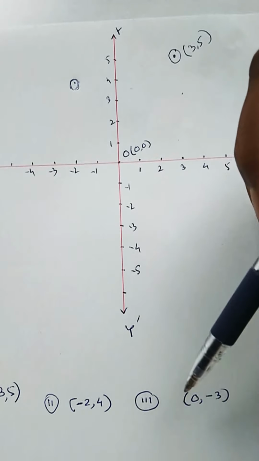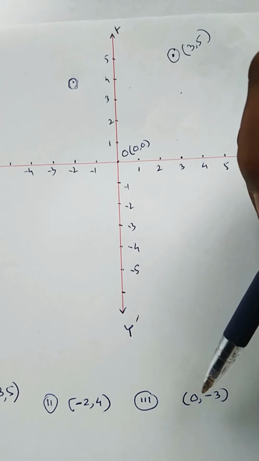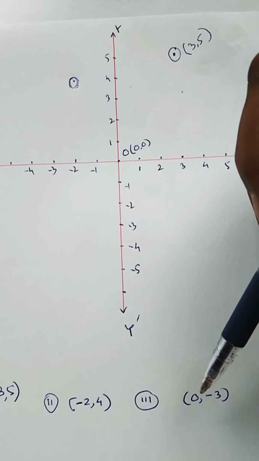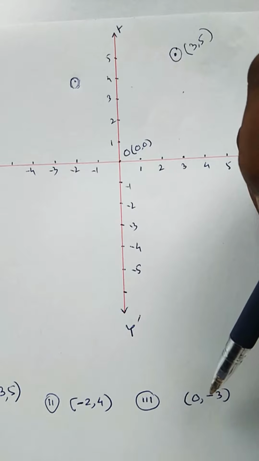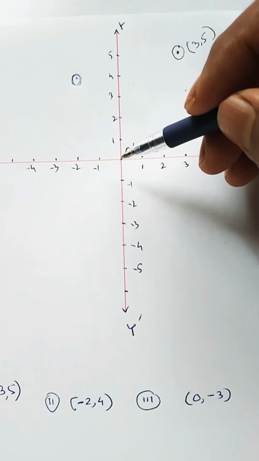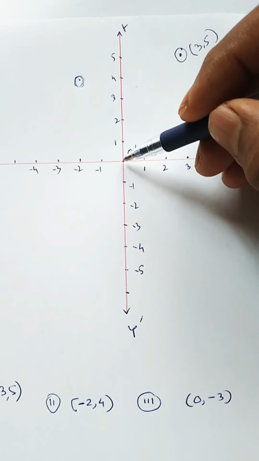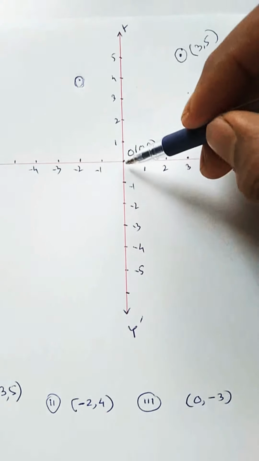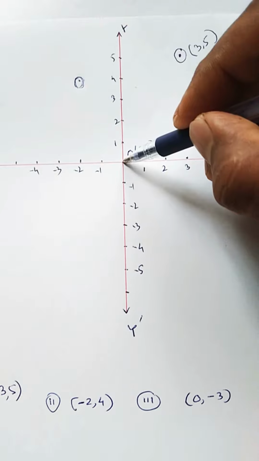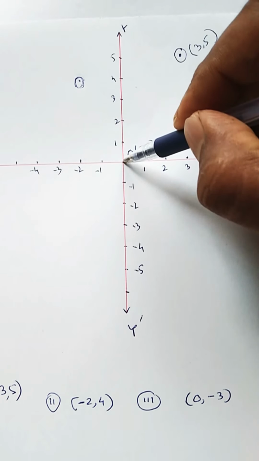Next, similarly, if we see the third one, 0, minus 3. The x coordinate is 0, the y coordinate is minus 3. As we start moving from here, 0 means it is neither right nor left, it will be here only. The x coordinate is 0, so it's 0 here only.